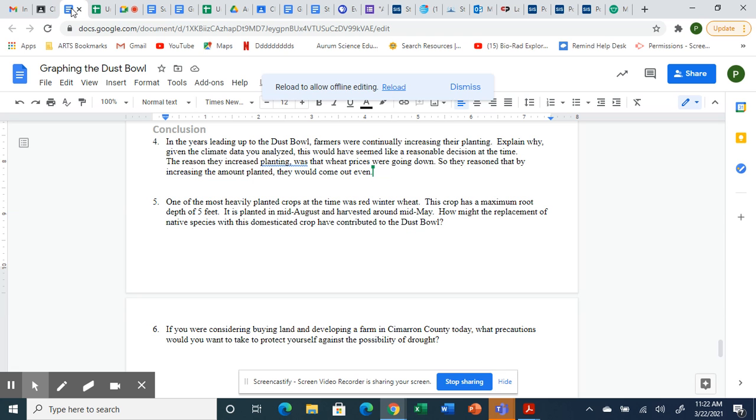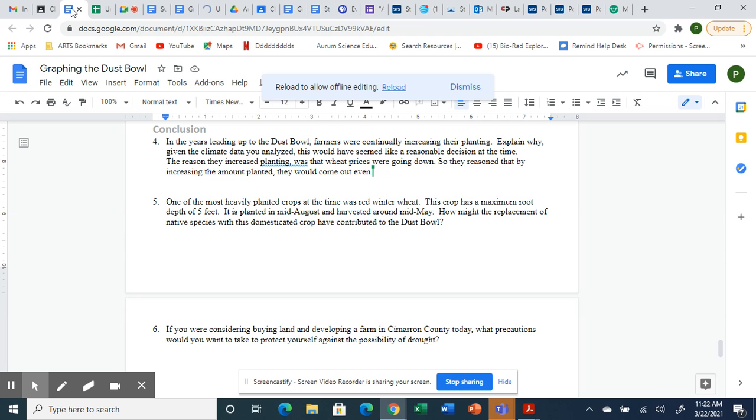Let's go back and look at the root system here. Do you see the root system? The blazing star had a depth of 15 feet.